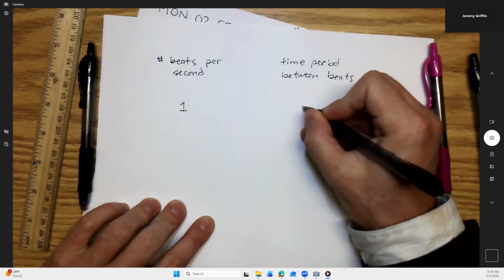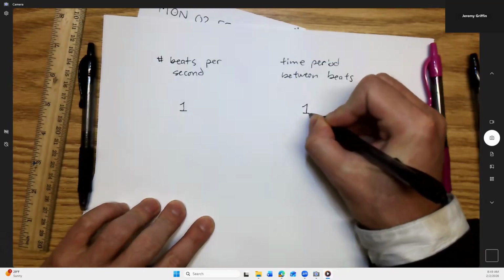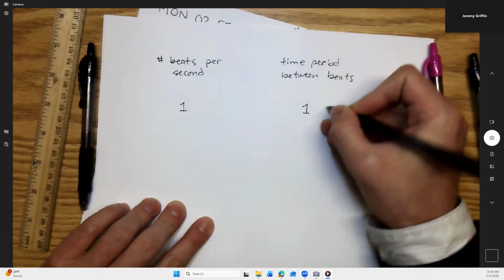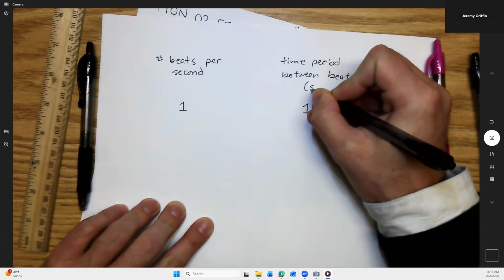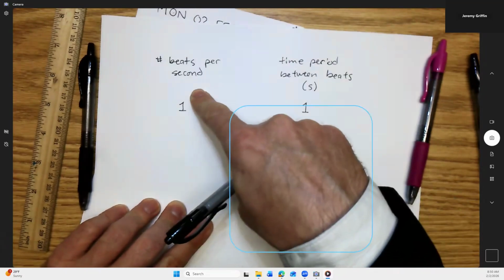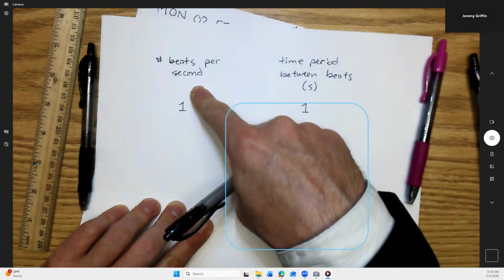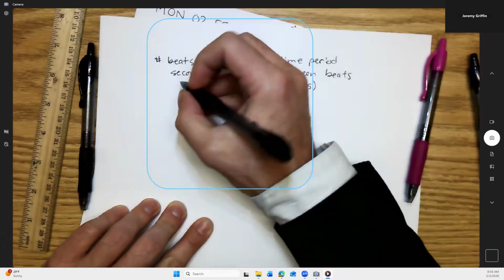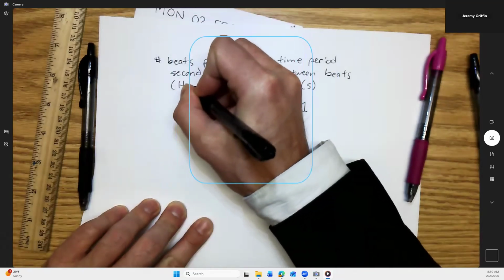Would you say 1 second? Right. So if I write the number one, this would be seconds, wouldn't it? So maybe I should put a unit here for seconds. But number of beats per second, maybe that could have a unit too. What do you think the unit is? Hertz. Yeah, Hz stands for hertz, doesn't it?